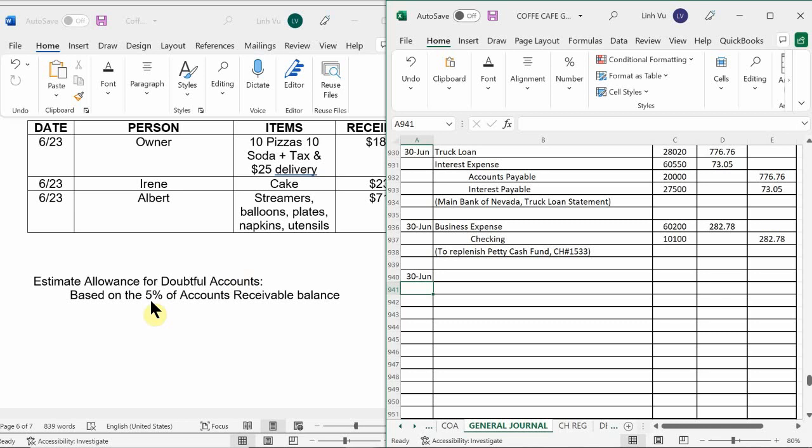Anybody? Do you remember this? This was 10.1. It is an estimated amount of accounts receivable.